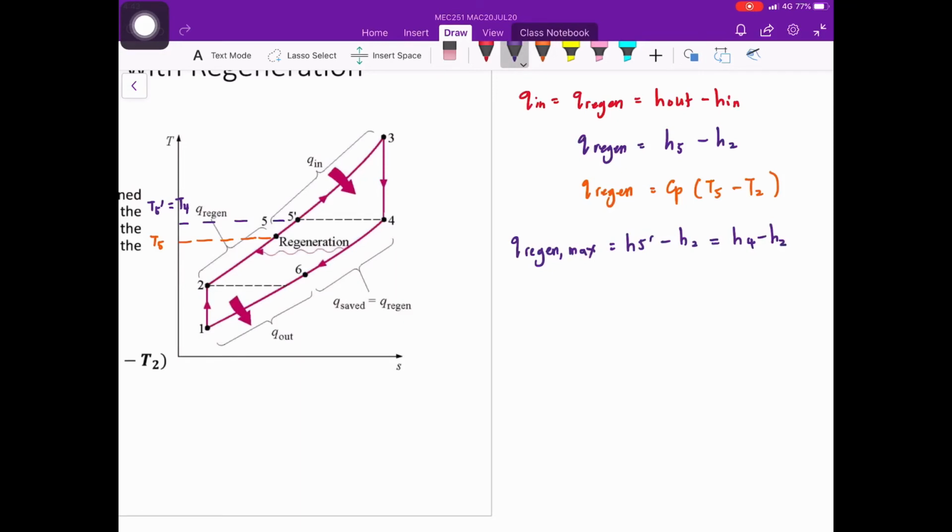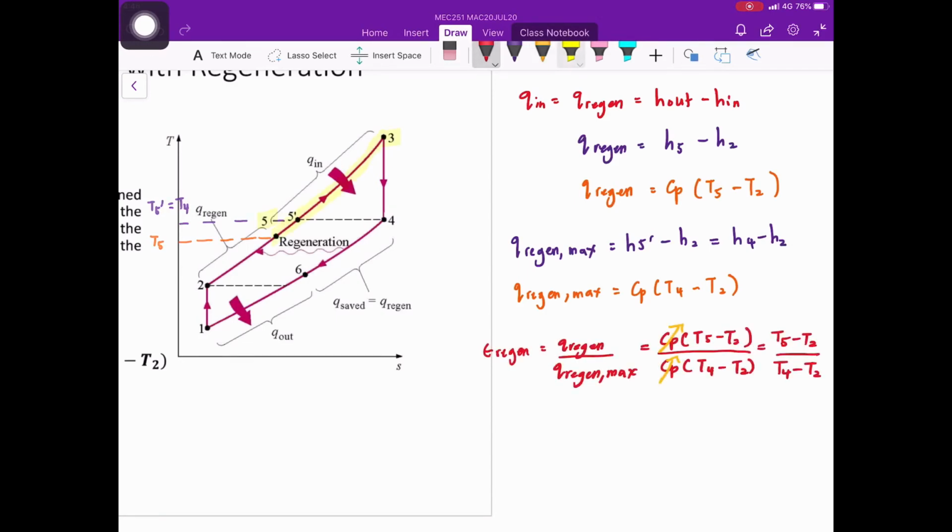We can now develop the relation for the maximum Q regen. The regenerator effectiveness will be this expression. For the heat added into the cycle, it occurs during the process 5 to 3. Since the heat transfer in is equal to the enthalpy at the outlet minus the enthalpy at the inlet, Q in is equal to Cp times T3 minus T5.